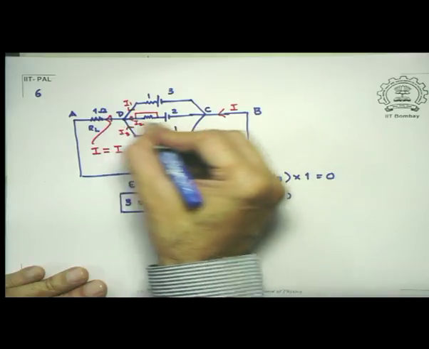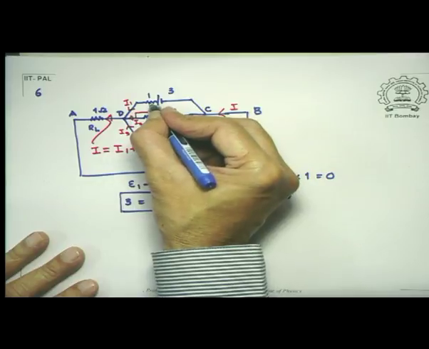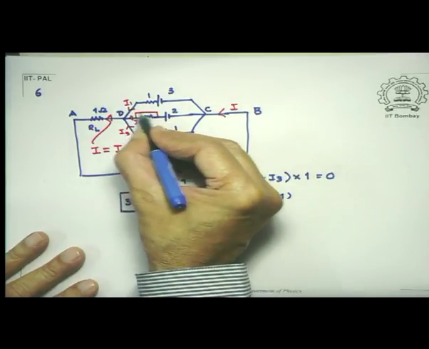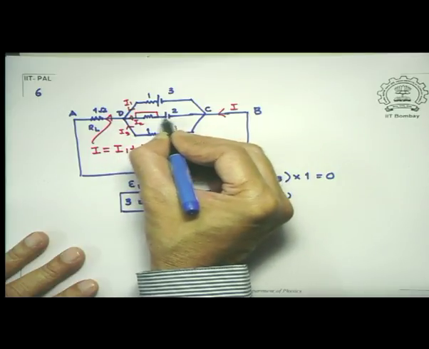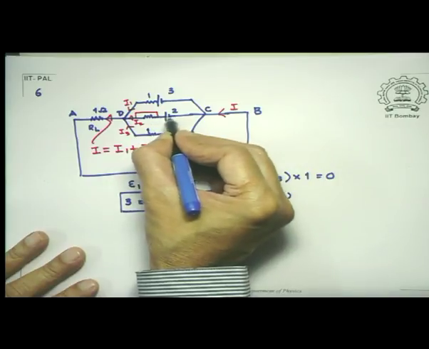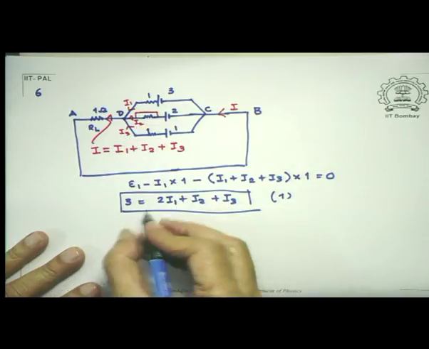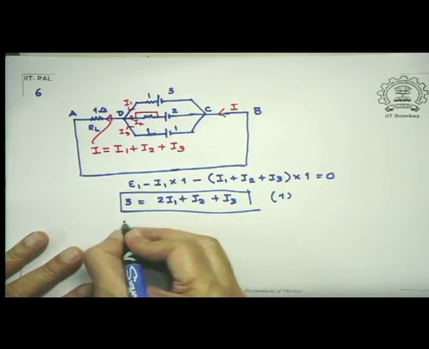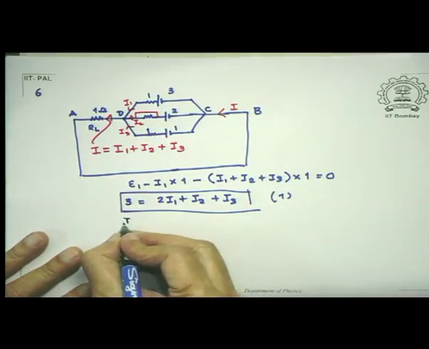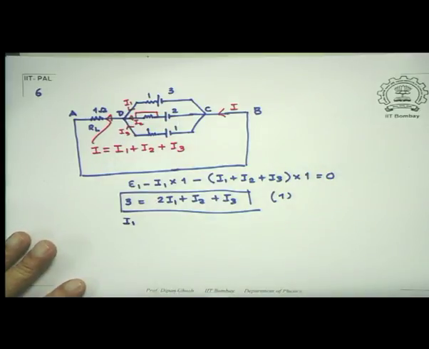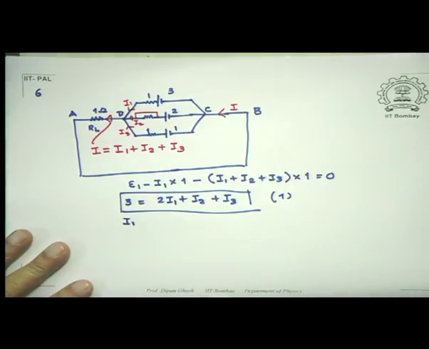So within this loop, for example, here again what we will do is this: I have I1 into 1 and then I travel through this red section, there is no resistance, and pick up the voltage 2, but this time it is subtracted because I am going from positive to negative, and then return back there. That immediately solves for I1. See, there is an I2 there, but it is not coming into the picture in this loop because the resistance is not there.